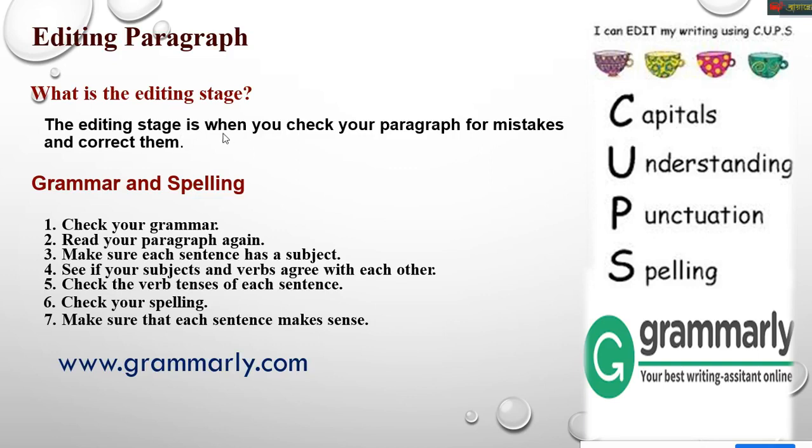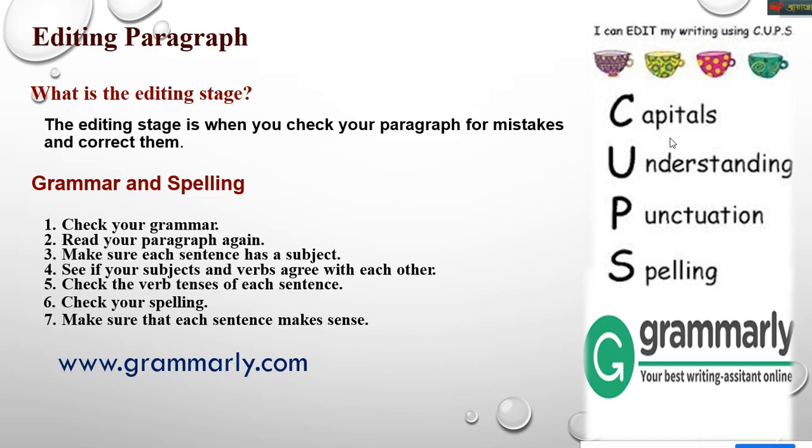Okay, here is a technique of remembering how you can edit your paragraph. If you remember one word, that is CUPS. You see, here are some cups. If you remember the word CUPS, then you can easily remember the details of the editing terms, that is, where we have to give emphasis in terms of editing.